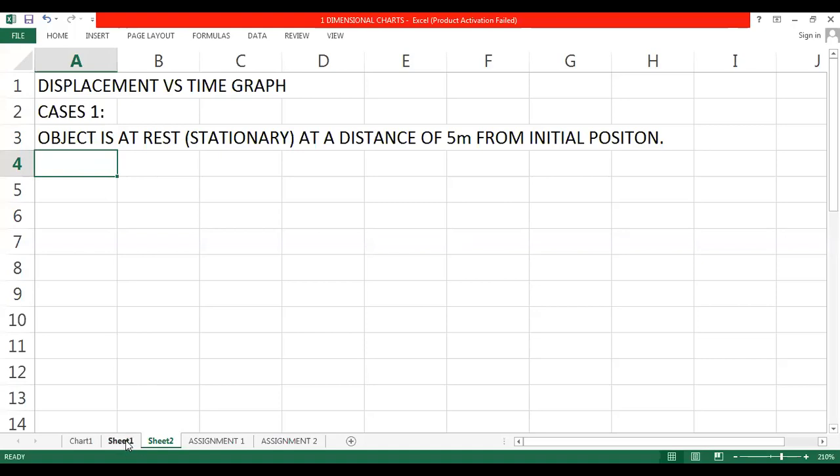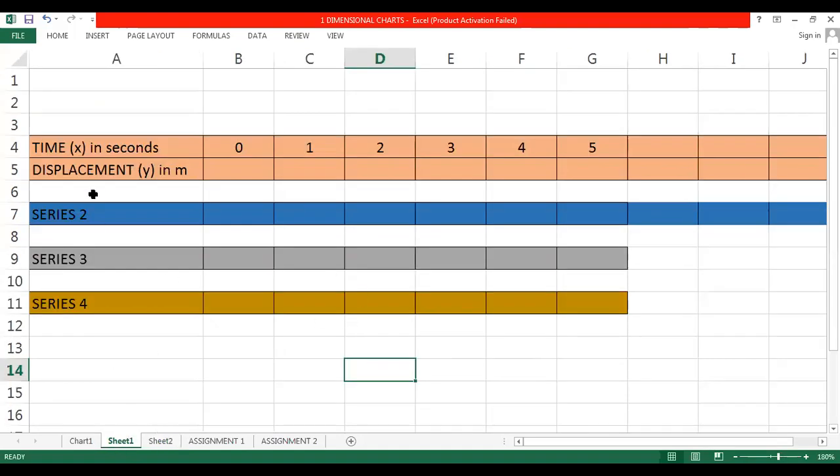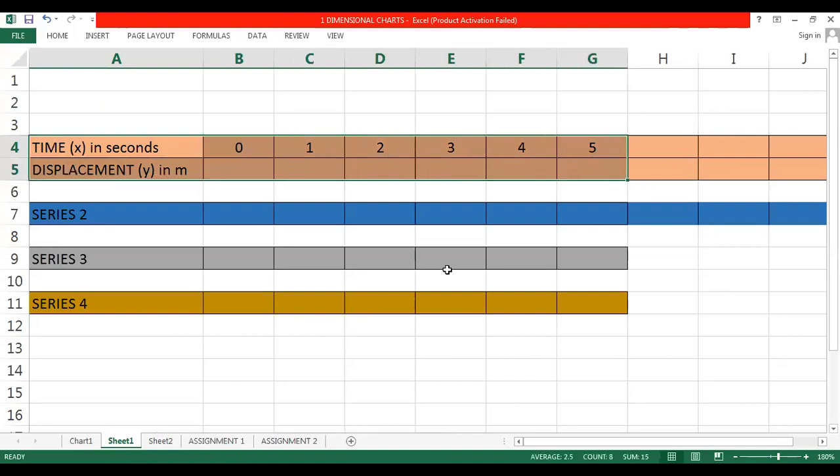So what we will do? We have to plot a graph. Whenever you plot a graph, what we need? We need coordinates, x coordinates and y coordinates. So for coordinates, we require a table. Draw a table like this, which I have selected.